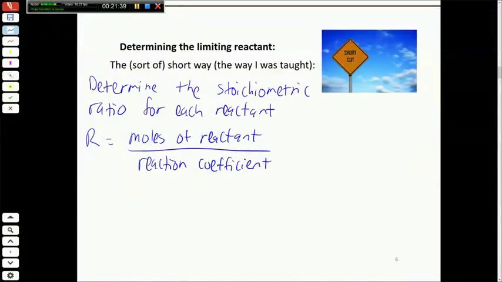You're already going to have the balanced equation in front of you because you're not going to start the problem without that, as we talked about. Once you calculate moles of reactant, you divide the two to get what's called a stoichiometric ratio. And then the reactant with the smallest stoichiometric ratio, the smallest R, is going to be the limiting reactant. I left a word out. Sorry.